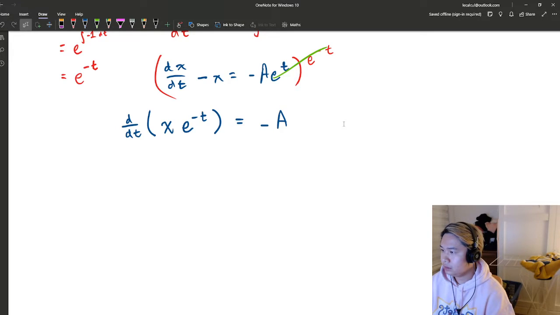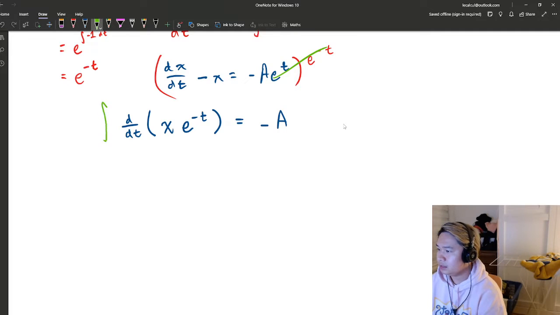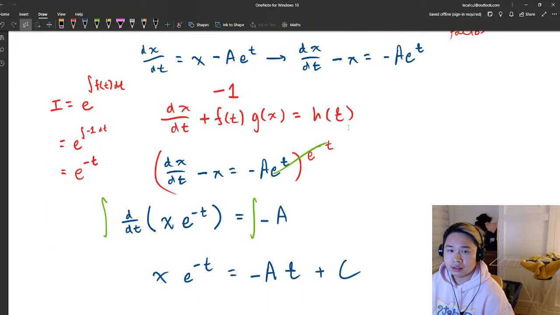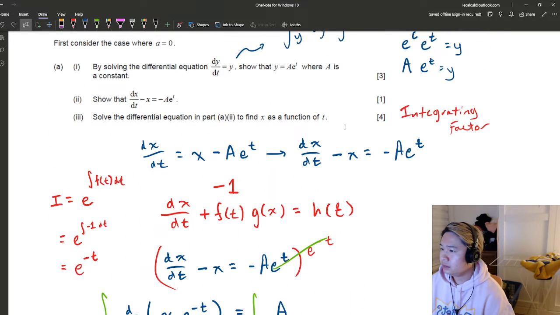Okay. And then from here we're solving for x, so I think we can just take the integral of both sides. So you'll get x e to the -t is equal to -a times t plus some other constant c. This is not the same C as the C from earlier.